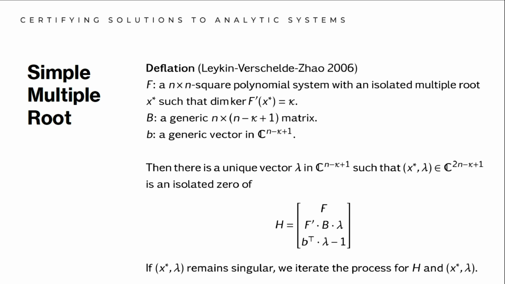And what's the meaning of probability one? We just want to choose a matrix outside of some major zero set, some kind of set of codimension bigger than one.